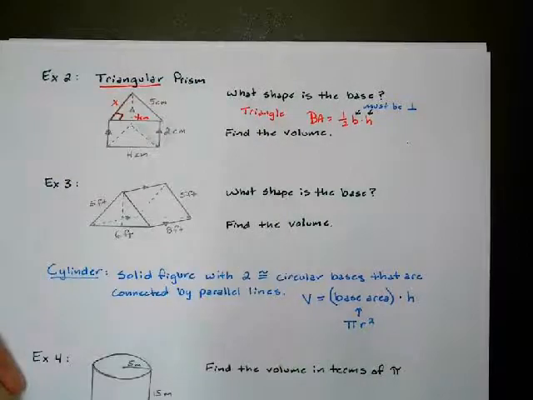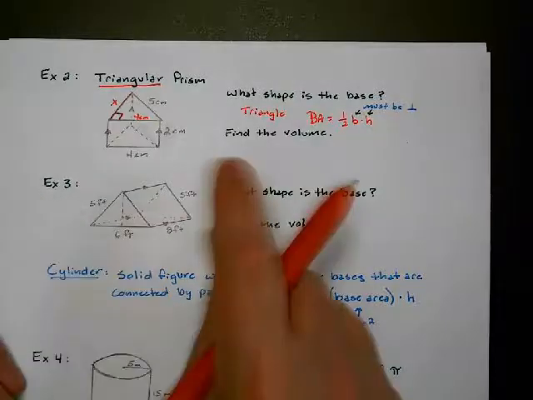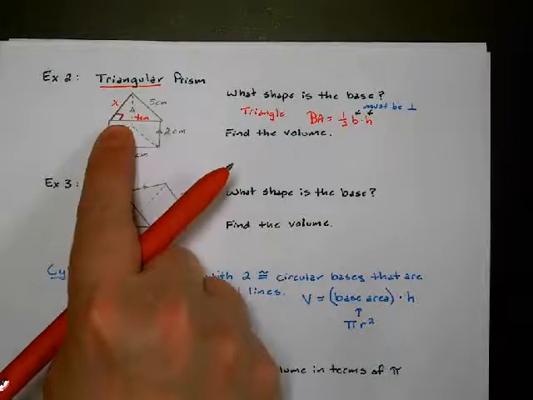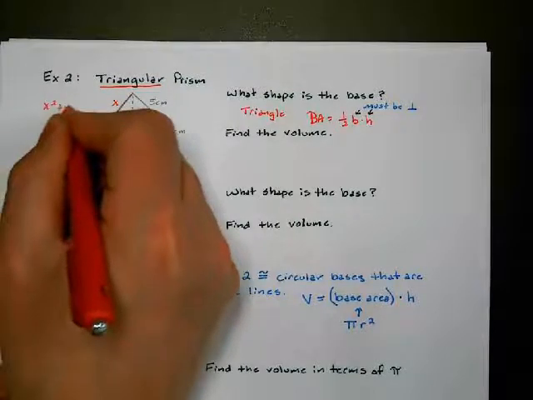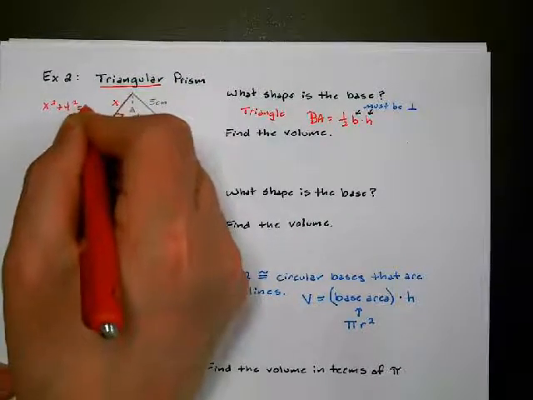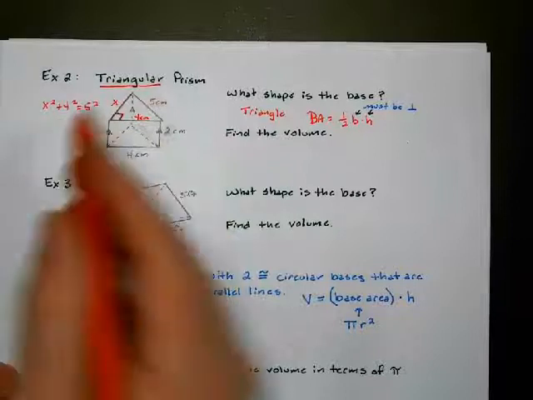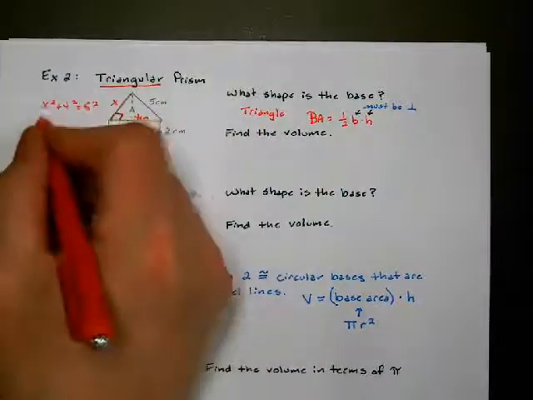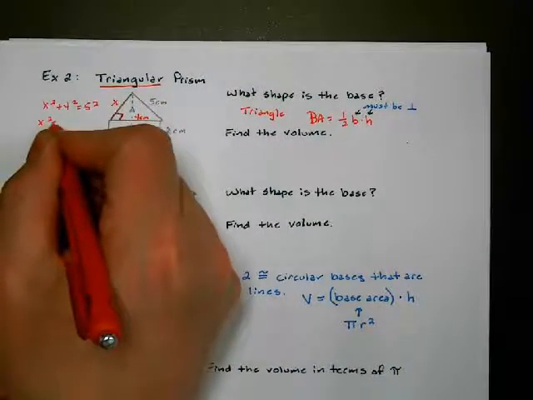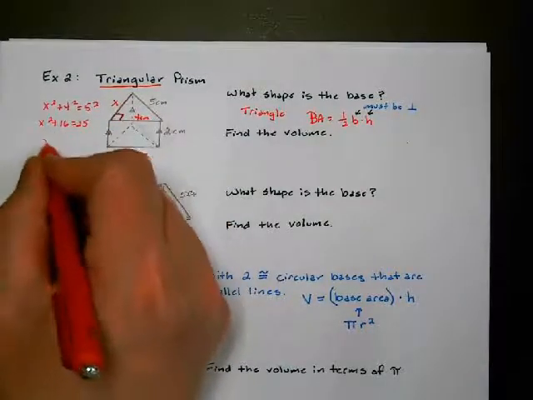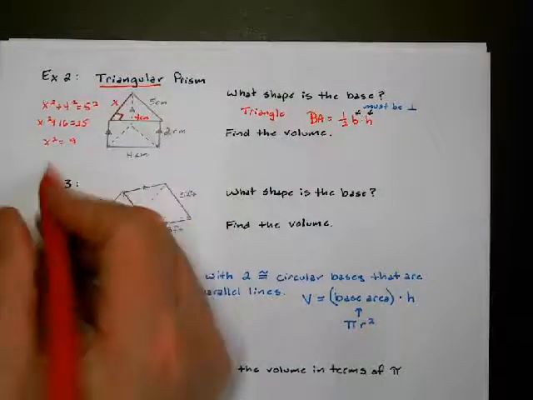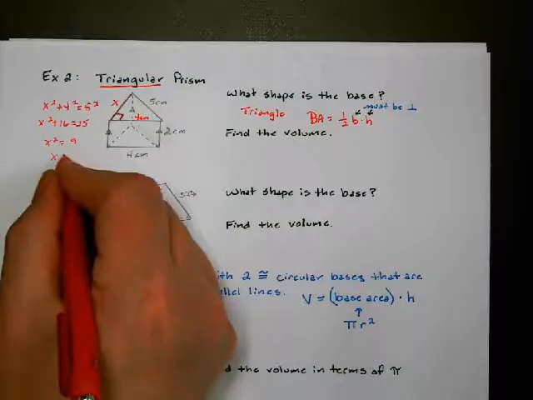Since this is a right triangle, I can use the Pythagorean theorem. I can say that x squared plus 4 squared equals 5 squared. A squared plus b squared equals c squared. So this gives me x squared plus 16 equals 25. Subtract 16 from both sides, I get 9. Take the square root of 9, and x is 3. So now I just found out that this side is 3.